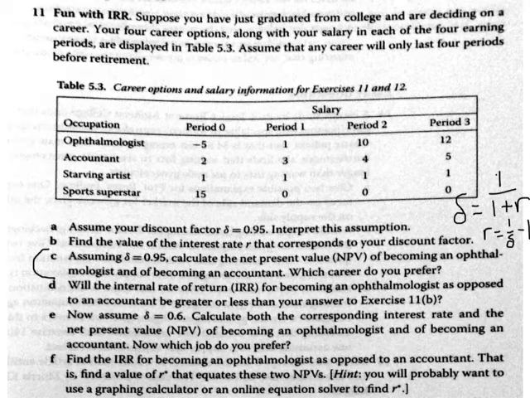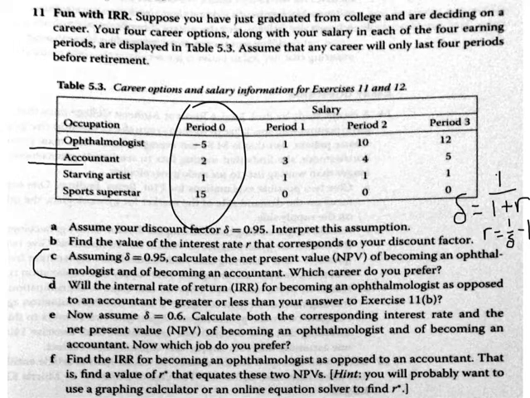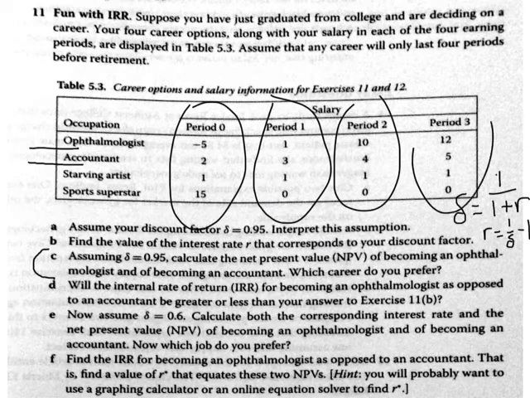And we calculate the net present value because as we evaluate the returns or the lifetime earnings of being an ophthalmologist and being an accountant, we have to take into account that gains in period 0, that's today, are not the same as gains in period 1, period 2, period 3.